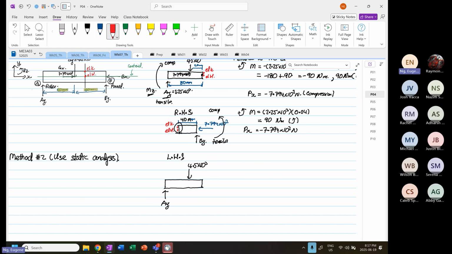And then we have our elements, element K and element H. And we also have a force, and this will be equal to 7.794.